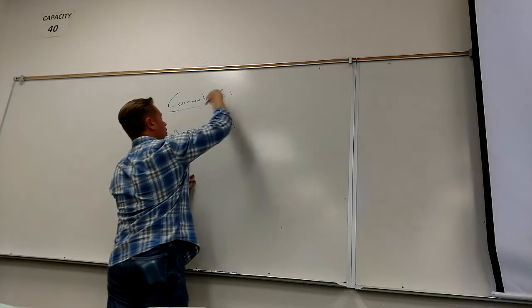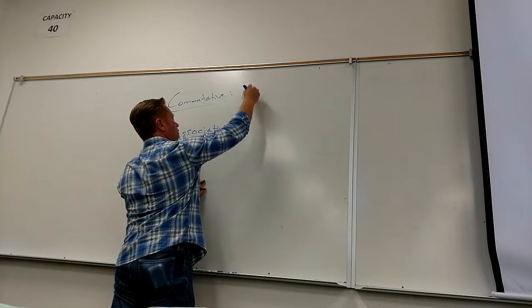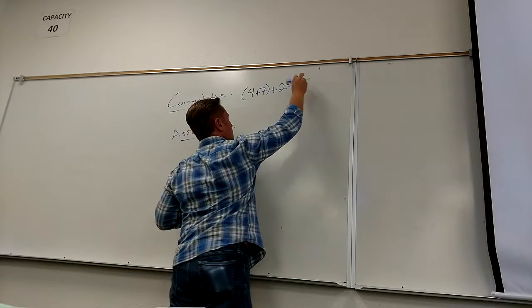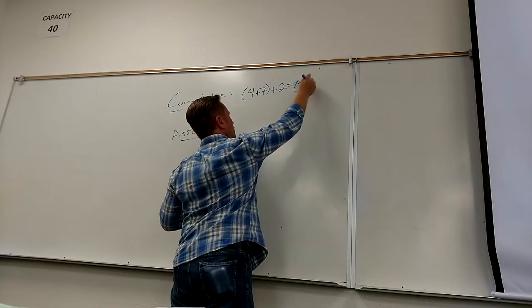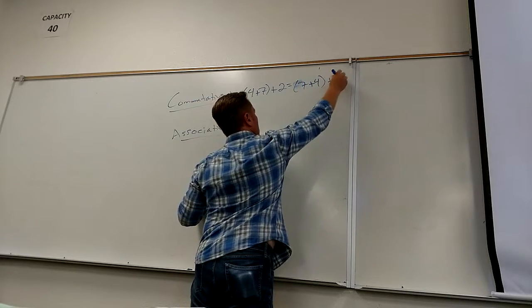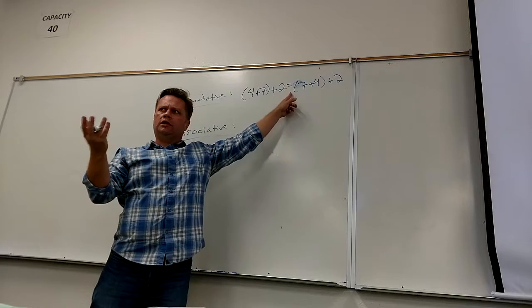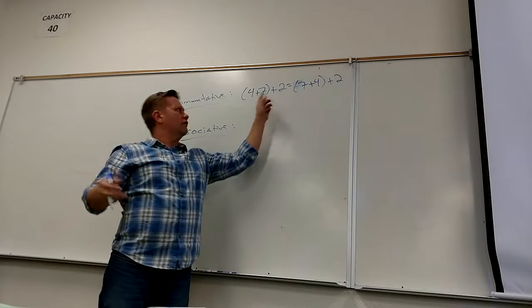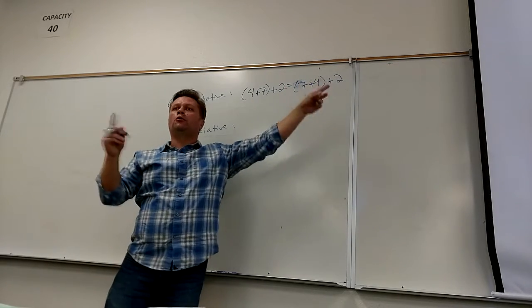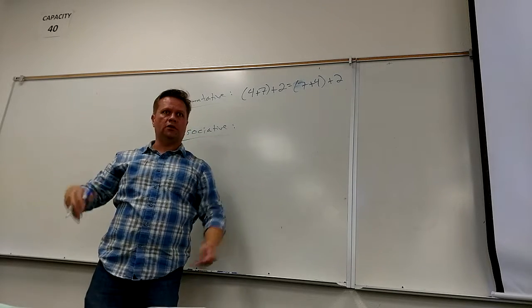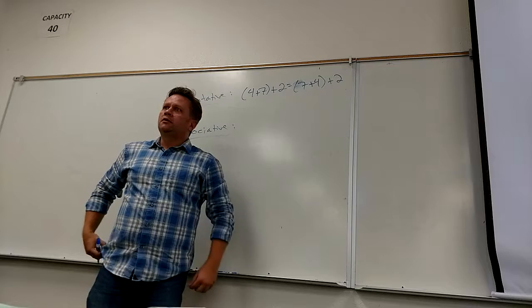Well, here's an example of commutative law. I actually moved from here to here. This is obviously equal. Is that cool? If you add 4, 7, and 2, it doesn't really matter what order you add them in. Addition is commutative, multiplication is commutative, subtraction is not, division is not.